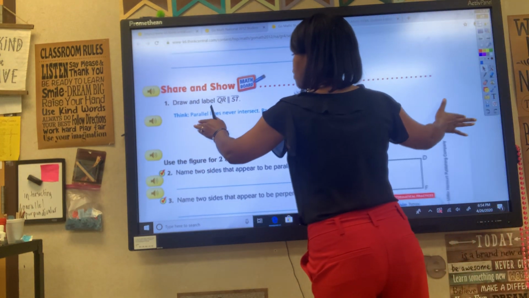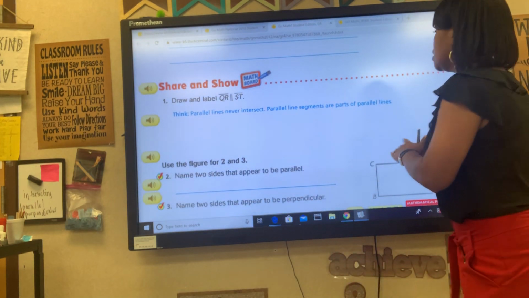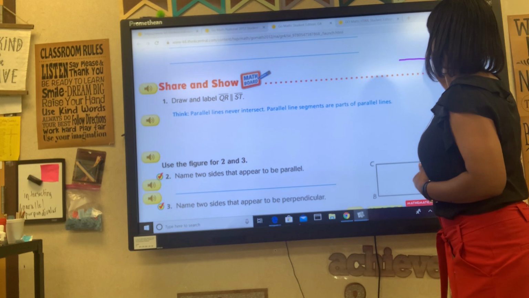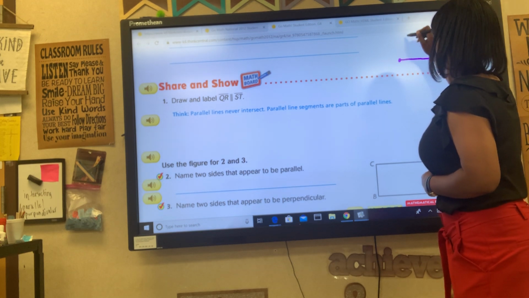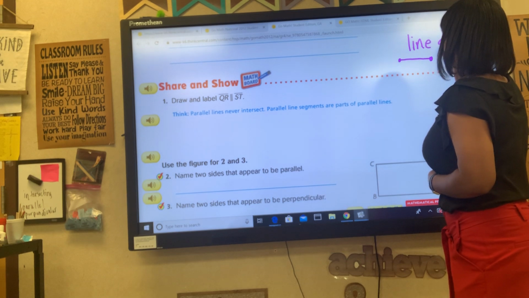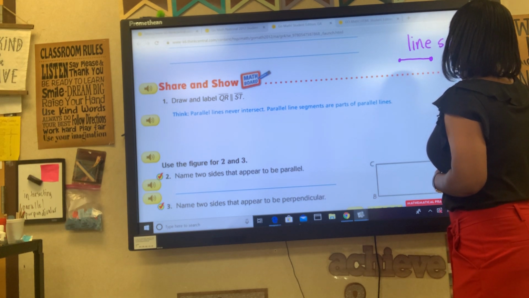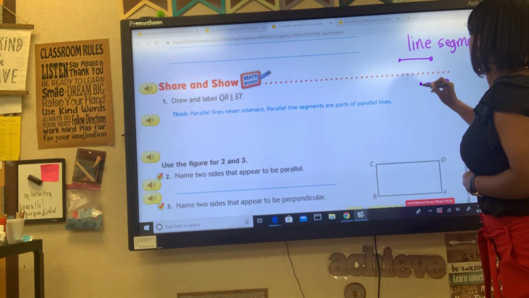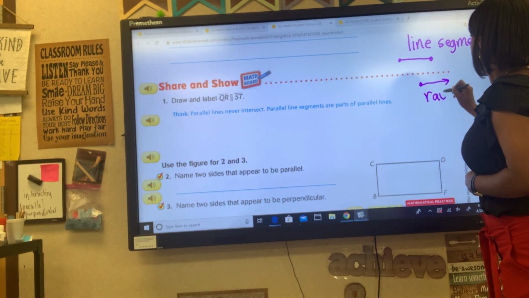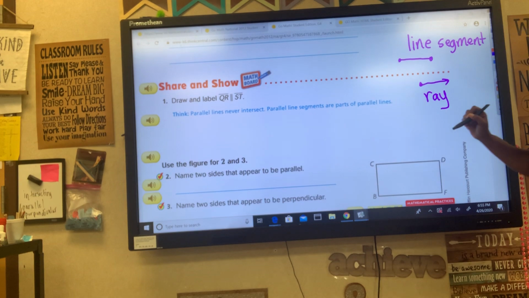So for number 1, the symbol that's above Q and R looks like this. This is a line segment. You've already learned ray. And these symbols are also in your packet.